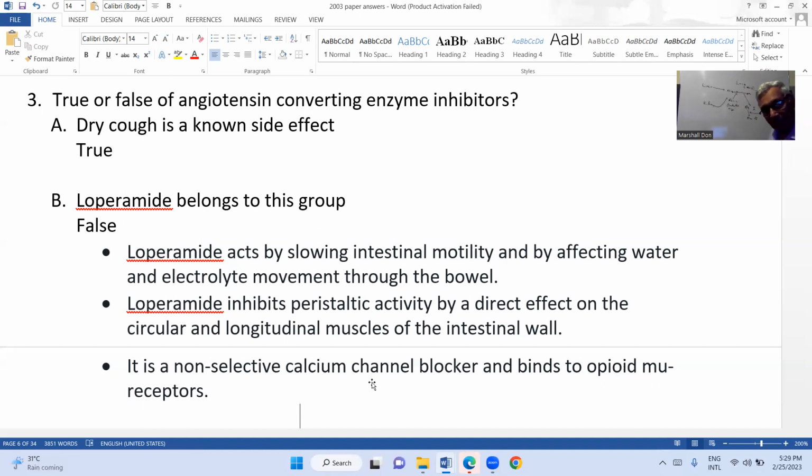So the question is, it causes dry cough. That is true. Enalapril, captopril cause dry cough. If a patient complains of dry cough, then what is the next drug? The ARB, angiotensin receptor blocker.